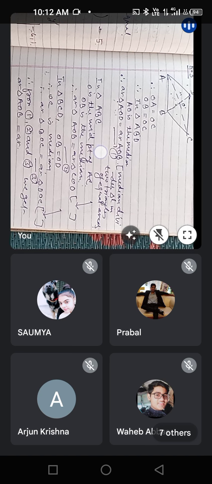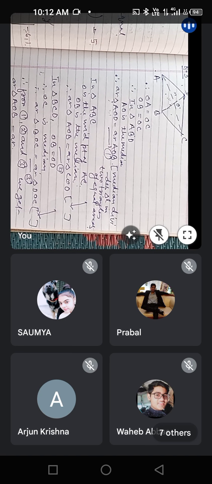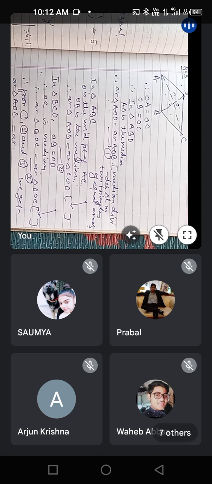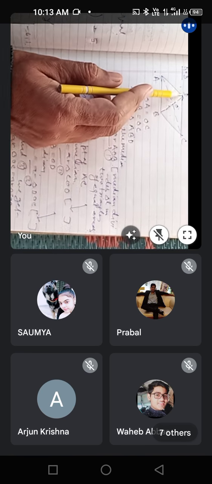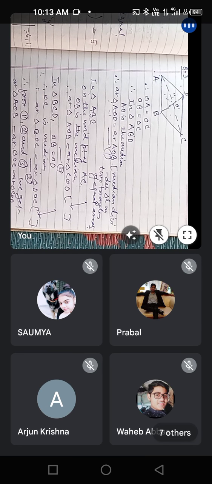So you get here area of triangle AOD is equal to AOB, which is equal to BOC, which is equal to COD. AOB is equal to BOC is equal to COD is equal to AOD.